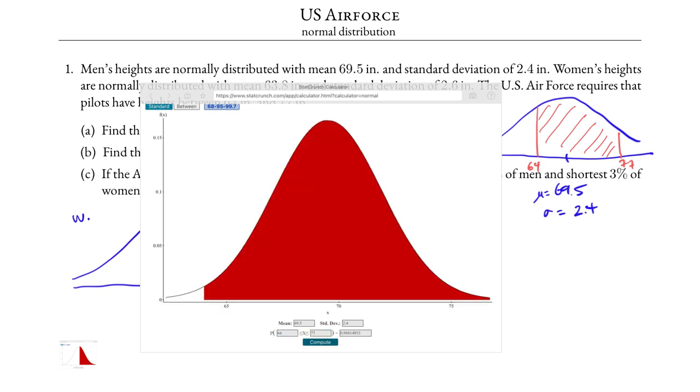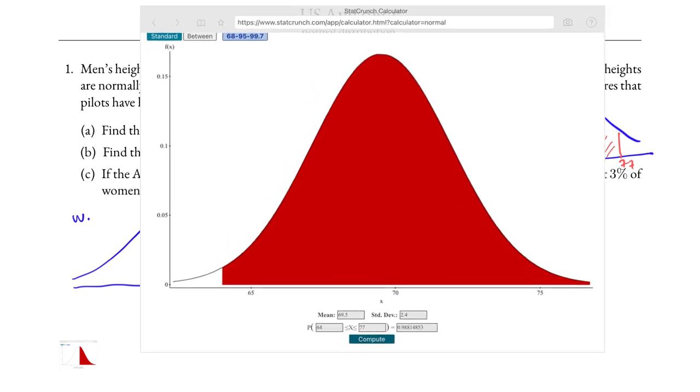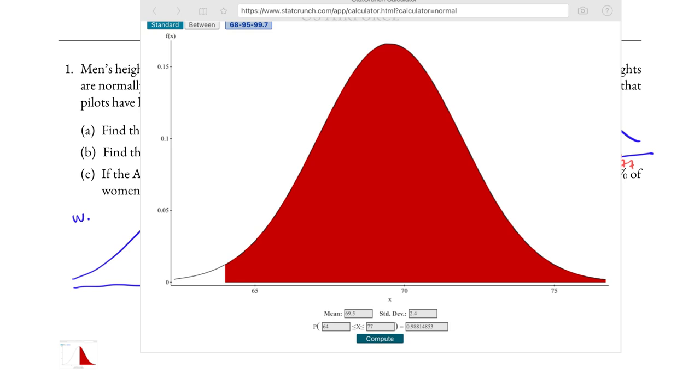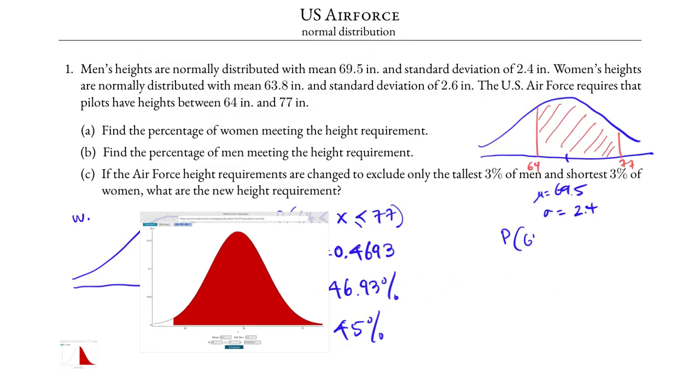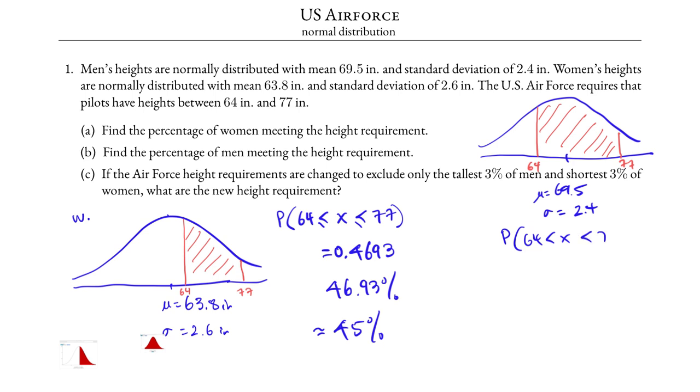The corresponding area or probability is 0.9881. And so for the men, the probability that 64 is less than x is less than 77 is 0.9881. What that means is that roughly 99% of the men would meet the height requirement in this case.